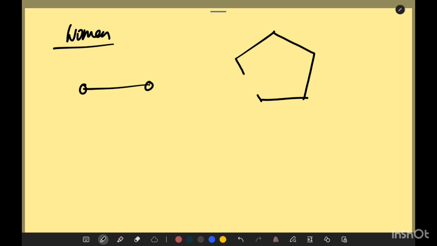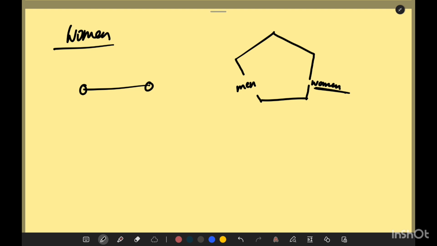So this would be the men's door, and in the back, maybe like this would be the women's door. So the women can only enter through this part of the house, in order not to hurt the men in the house.